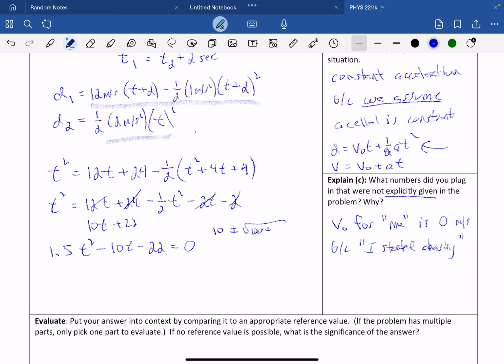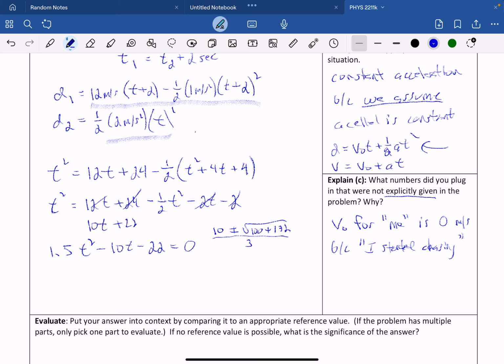Right, but it becomes a plus because it's minus 4AC, but C is negative, so 4 times 1.5 times 22 is 132, divided by 2A, that's 3.